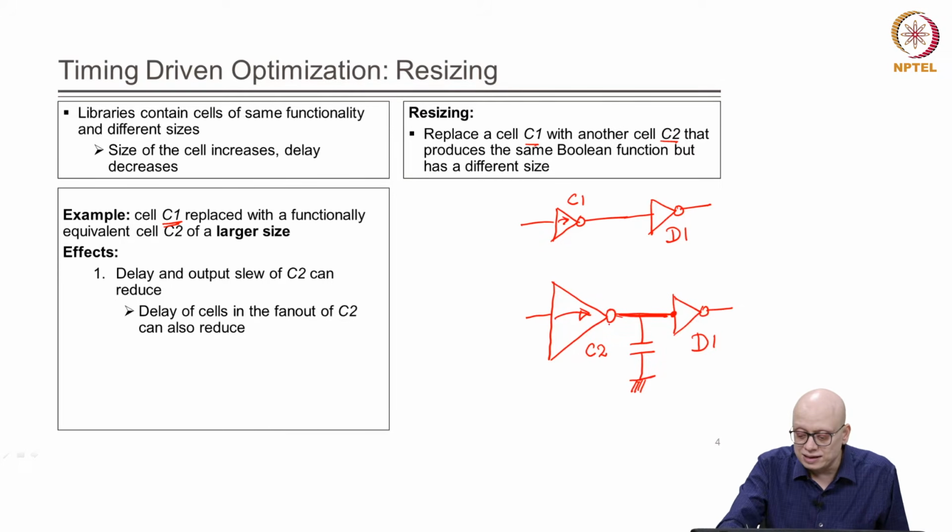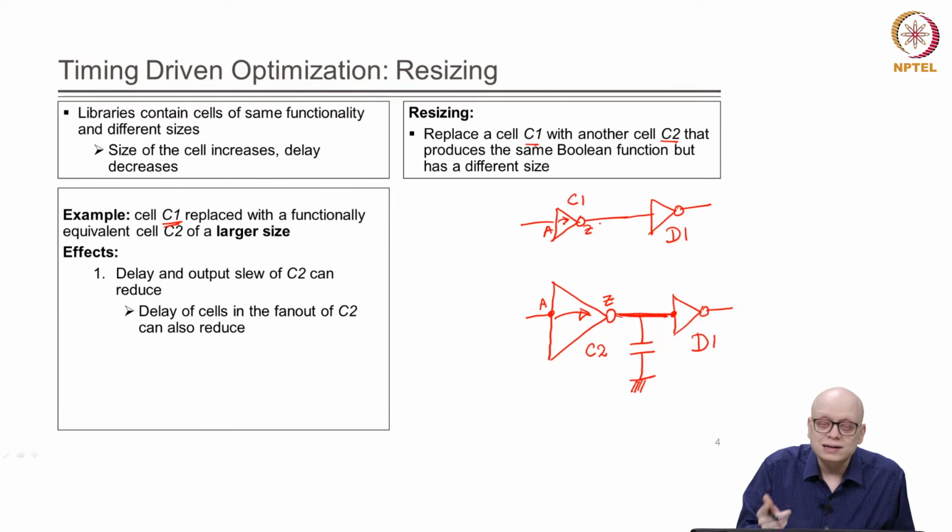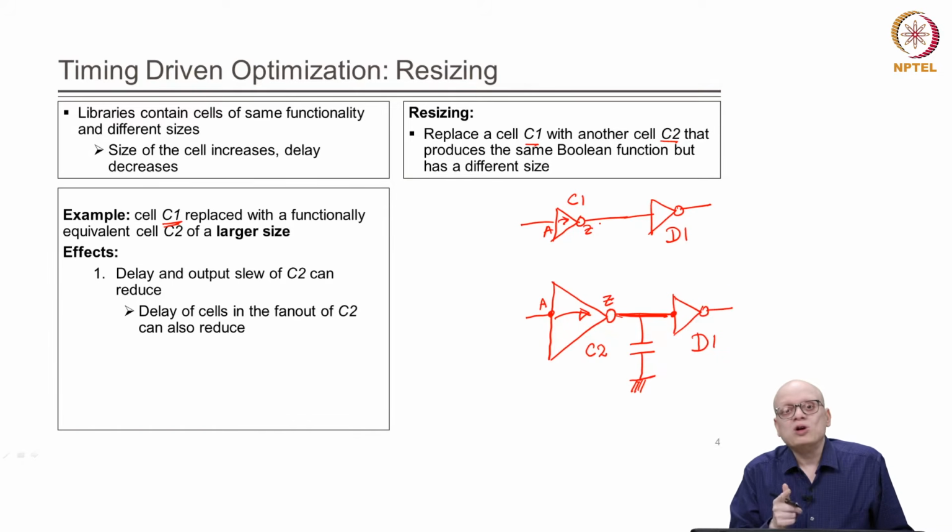Here, the arc between, let us call this pin A and this pin Z: between A and Z, the delay will decrease because C2 is of larger size, and therefore it will drive the load quickly, and its delay will decrease. And the other important thing is that its output slew will also decrease.